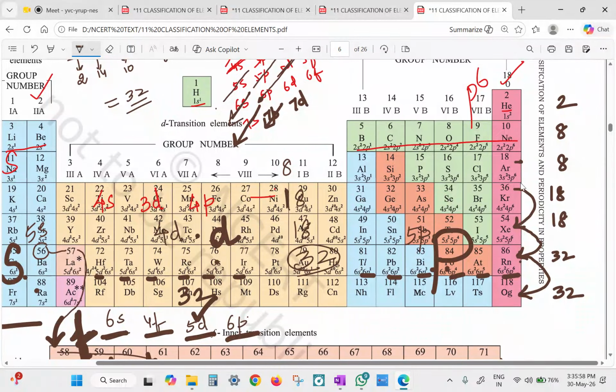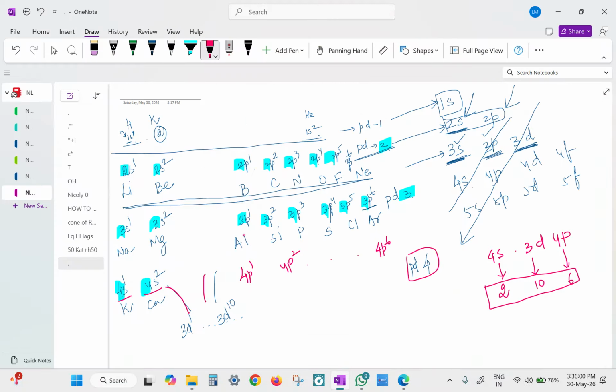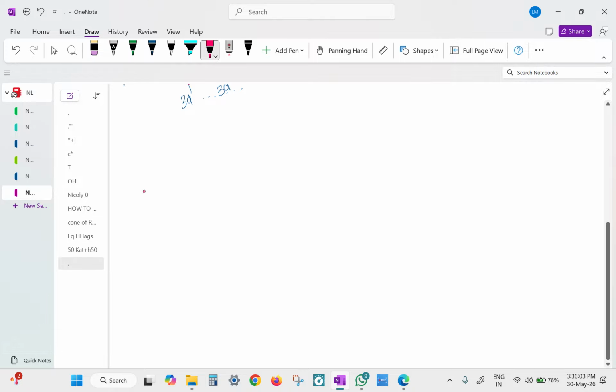Yeah. Supposing they ask you to tell the number of elements present in the 5th period. You can memorize, or otherwise we can write it out: 1s, 2s, 2p, 3s, 3p, 3d, 4s, 4p, 4d, 4f, and 5s, 5p, 5d, 5f, then 6s.